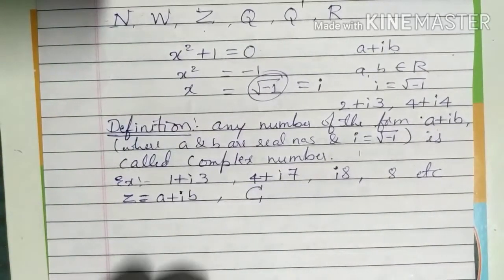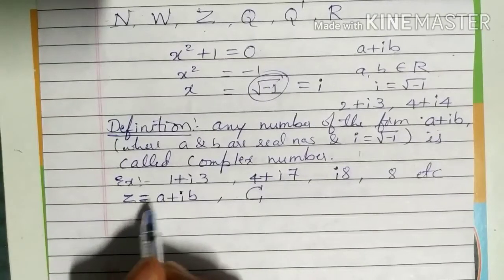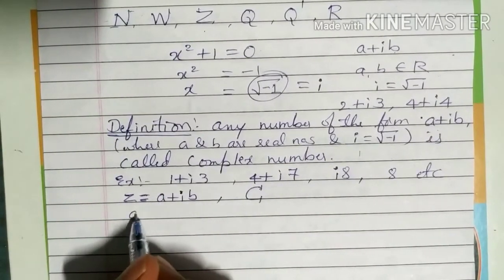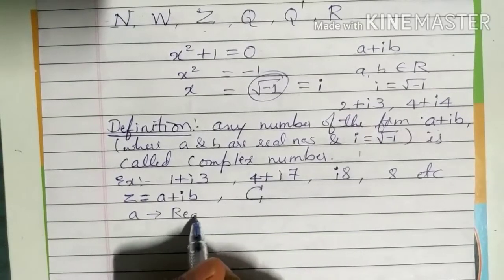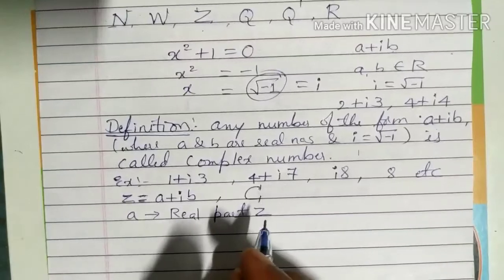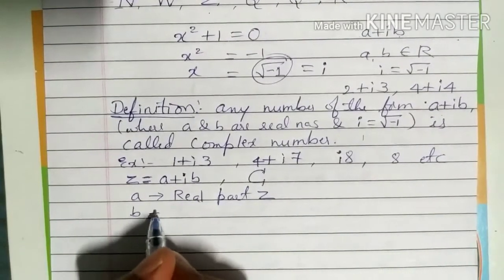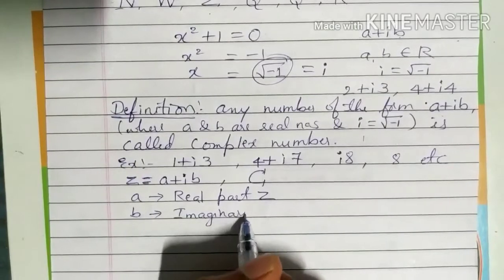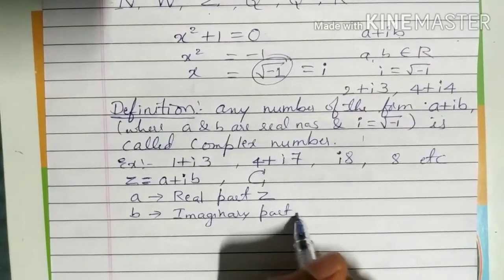If you consider any complex number, then a is called the real part of z, or b is called the imaginary part of z.